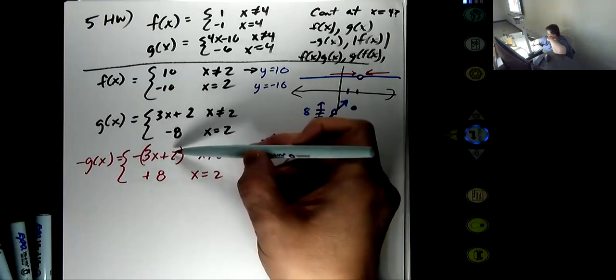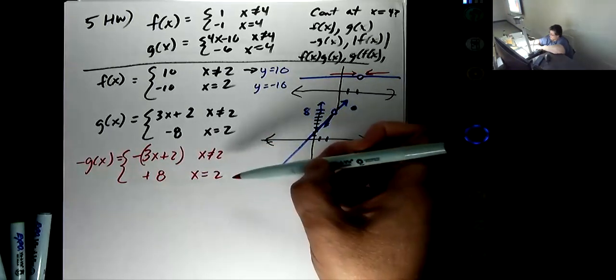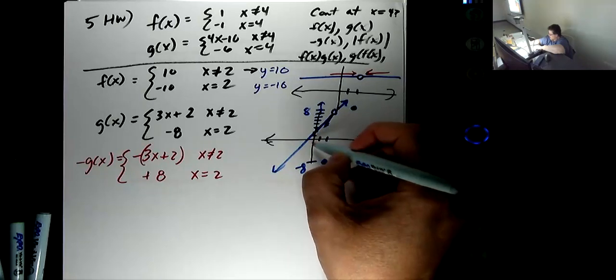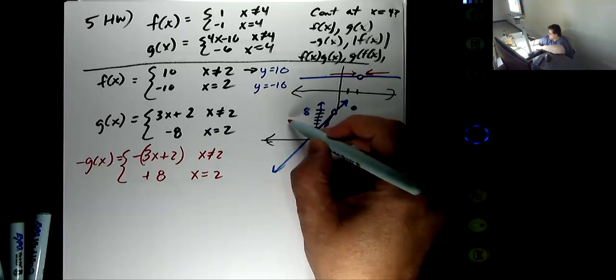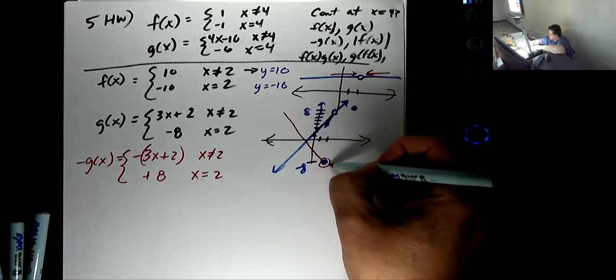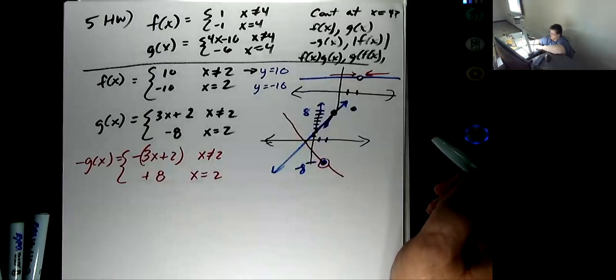This is going to negative 8, and this one actually equals positive 8 at x equals 2. So this is just like the exact opposite line. It's going downwards, and it's got a hole right here, and it's actually solid up here. So negative g of x isn't continuous either.